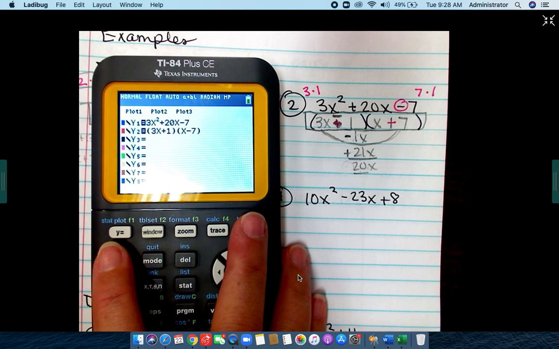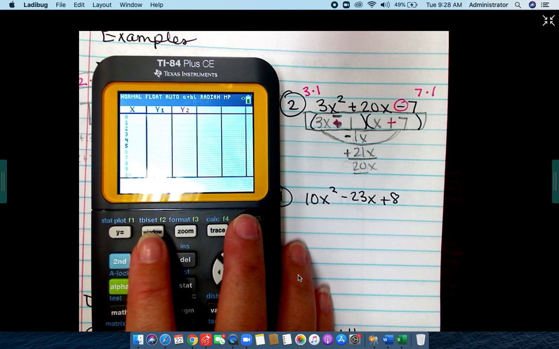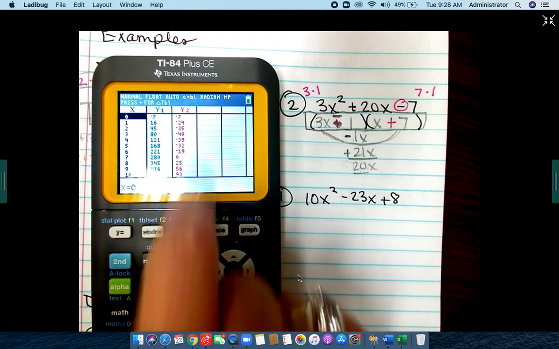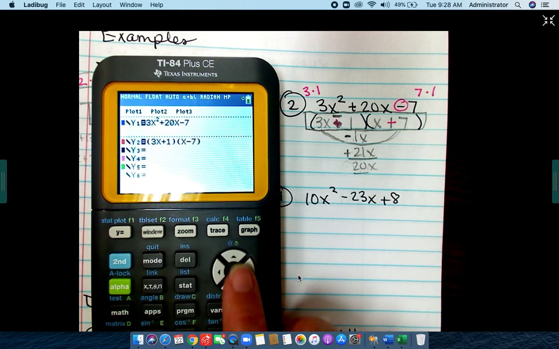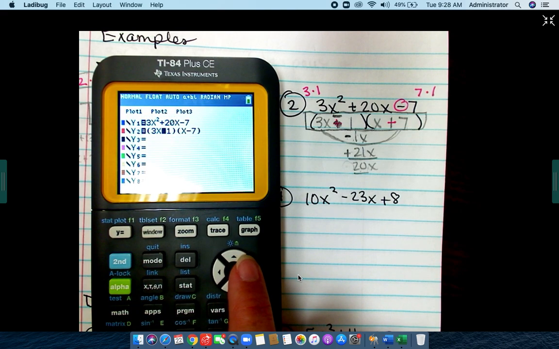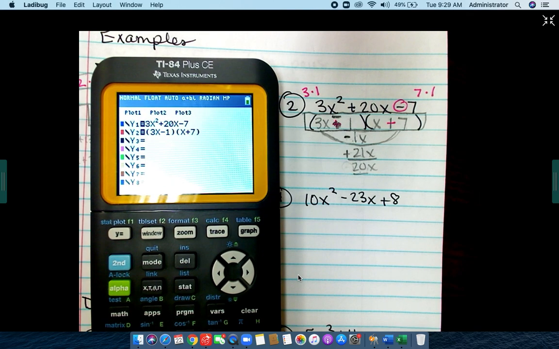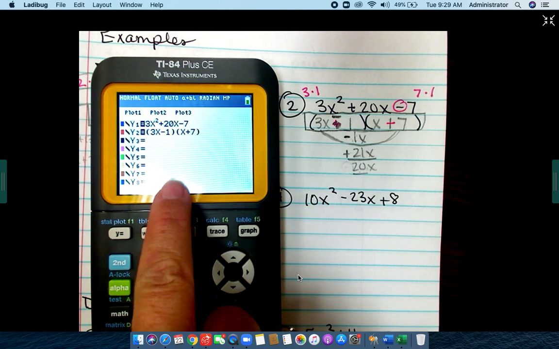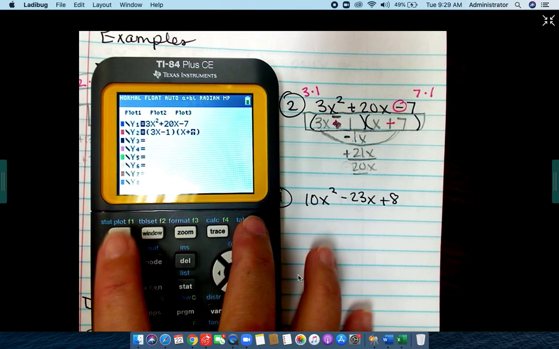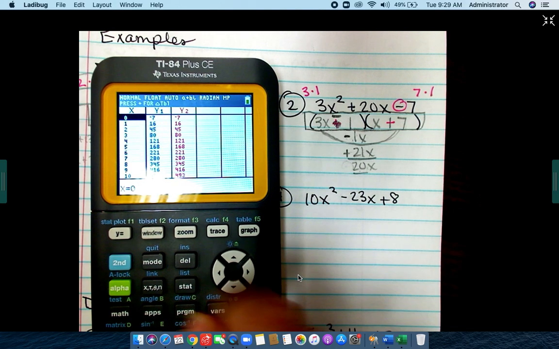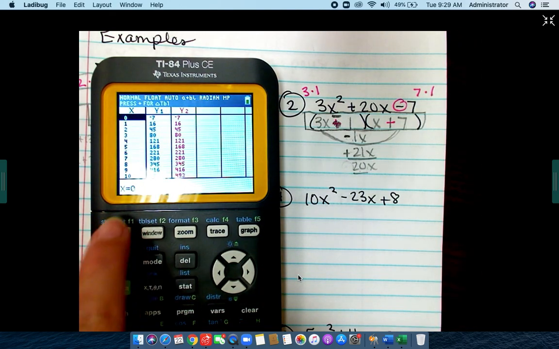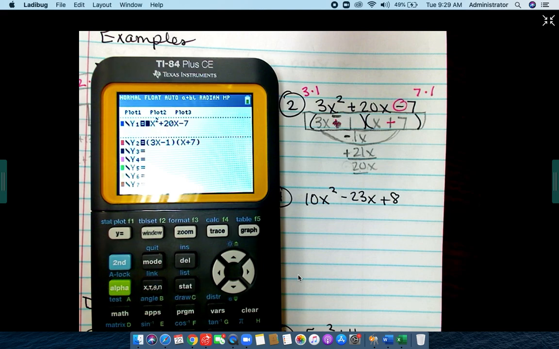So if that's what we had, which is what we originally had, when I go to my table, my y1s and y2s don't match. So now, what if I come over here and just switch these signs? So it's kind of like still doing the same method on paper, but using your calculator instead. Oh, now they match. So now that they match, I'm good to go.